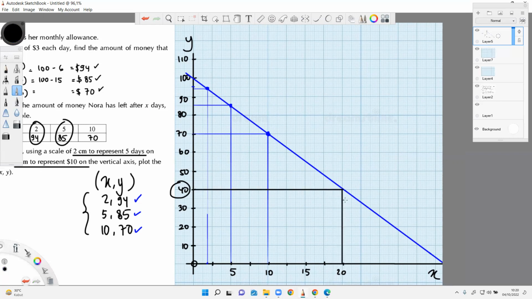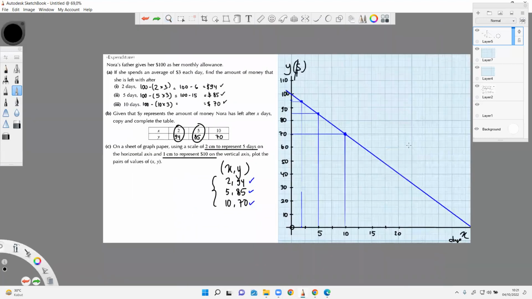Right? Get the idea? So the question is, how long does it take for Nora to have $40 left? So $40 here, right? Y is the money and X is the days. So if it is 40, look at this straight line, and then you can see the logic. 20 days. Okay, if I have the question, but since there is no such question, just keep it.